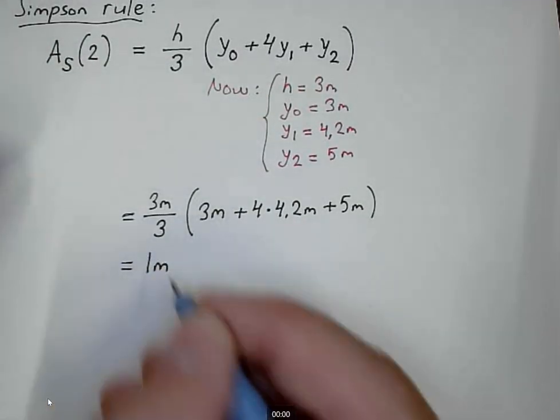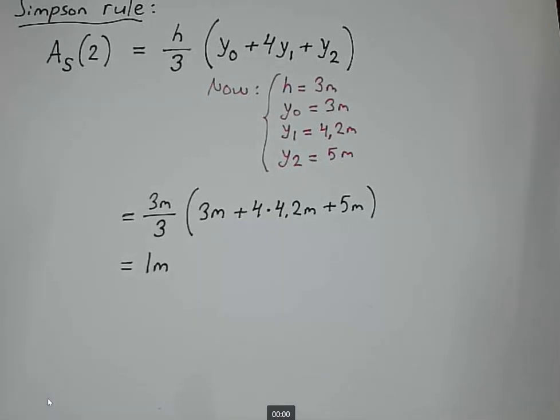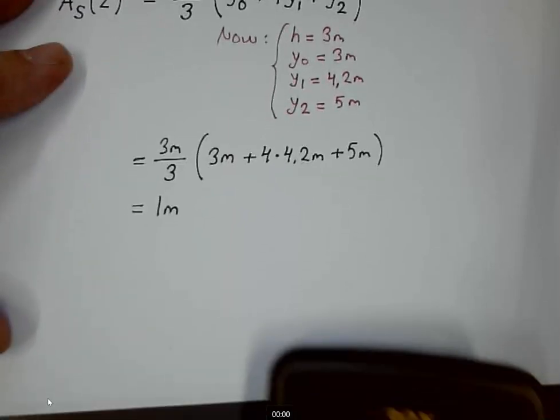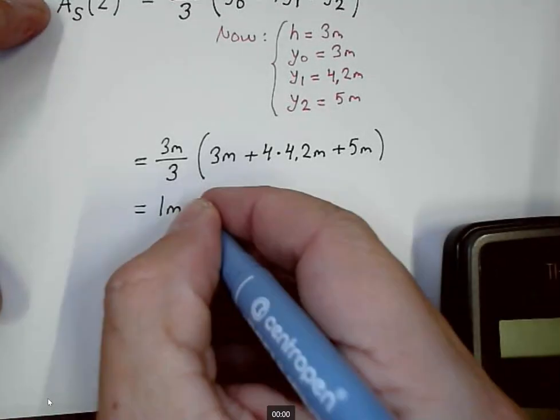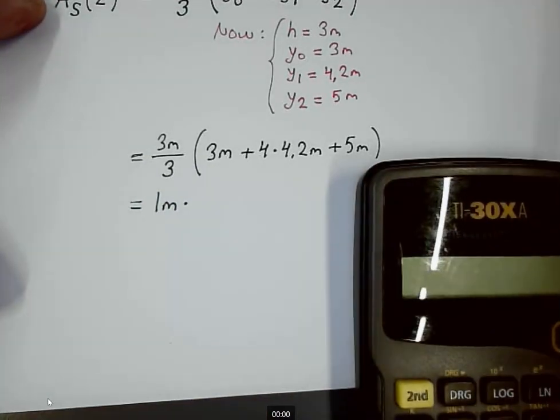Well, in this case, this first division gives only 1 meter. I will take the calculator. So this 1 meter is the first part, and then these brackets here, I will open them.